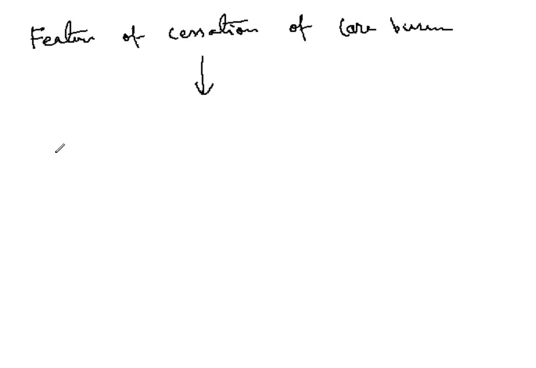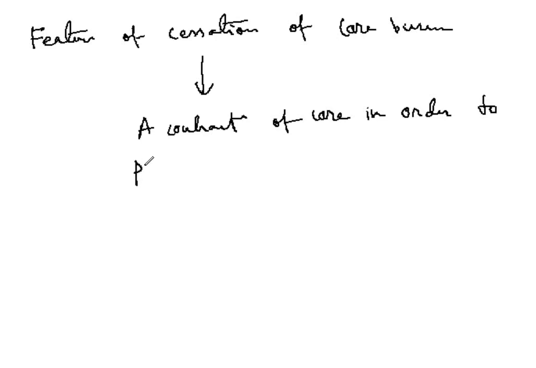The general feature is that when the core burning stops, basically we have a contraction of the core in order to produce the density gradient, right? Now, the gravitational energy released through the collapse increases the luminosity.